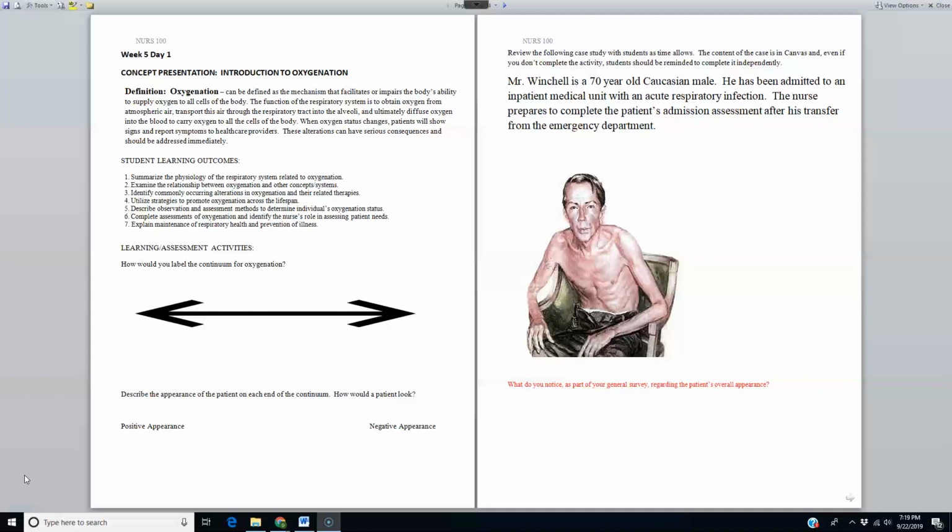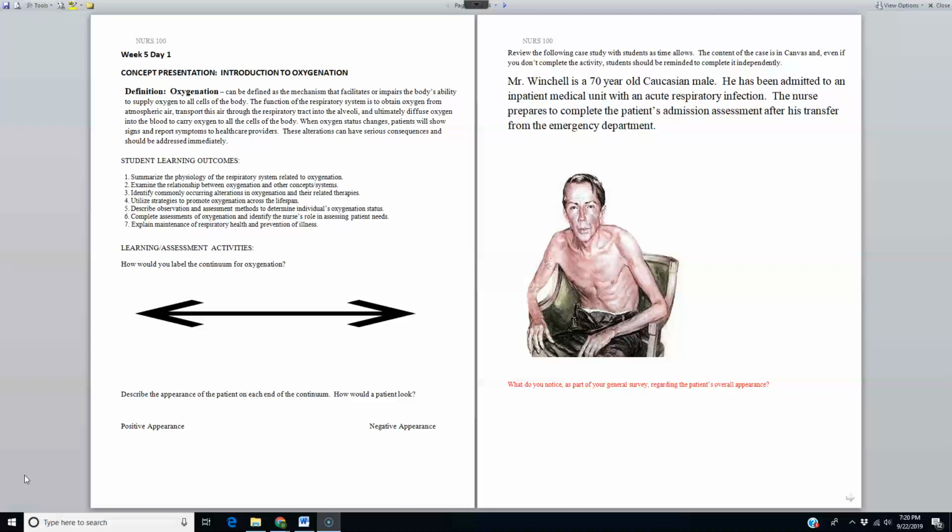Their general overview of health is extremely poor, very similar to the case study that I'm going to do with you.